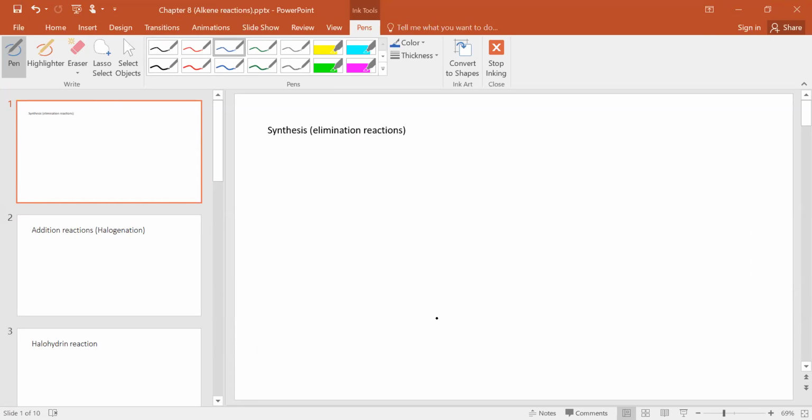So synthesis we'll mostly discuss by elimination reactions. If we have an alcohol, generally a tertiary alcohol, and it reacts with a strong acid like H2SO4, H and OH will be eliminated and it will form a double bond.